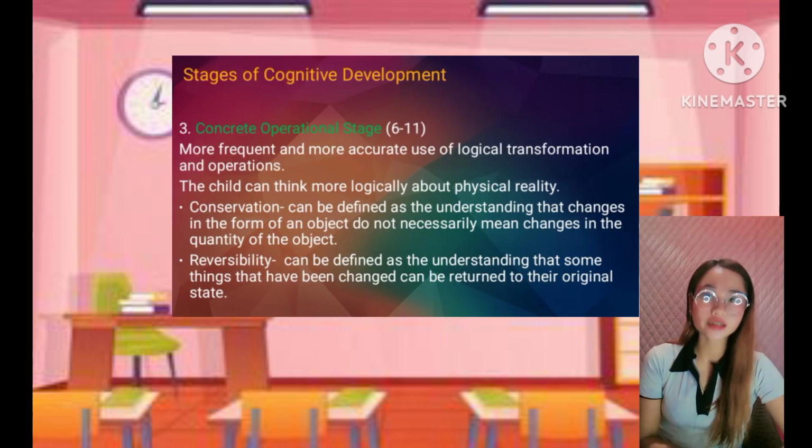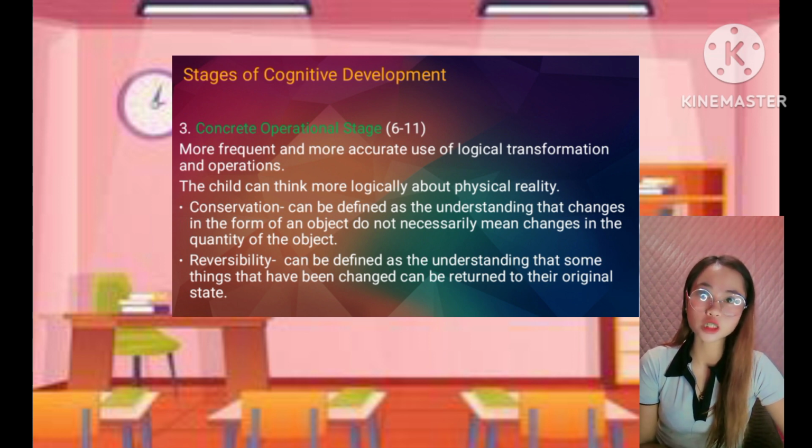We have the concrete operational stage at the age of 6 to 11 years old. There is more frequent and more accurate use of logical transformations and operations. The child can think more logically about physical reality.